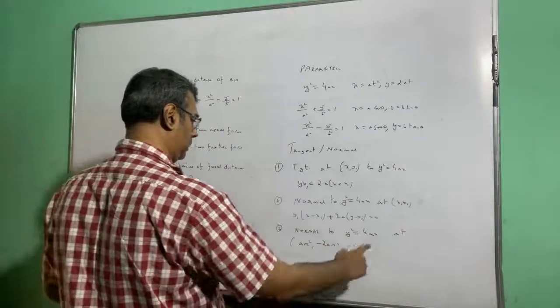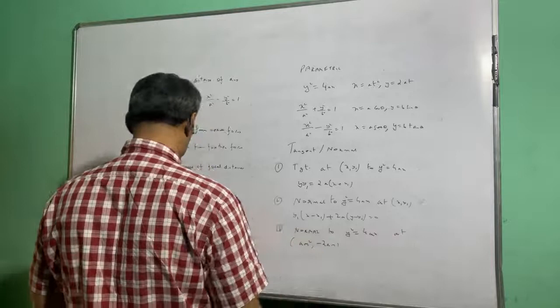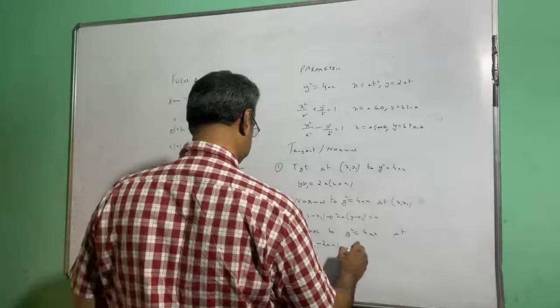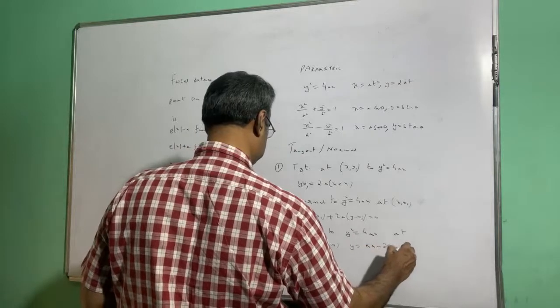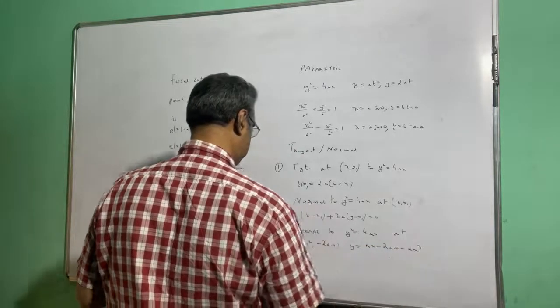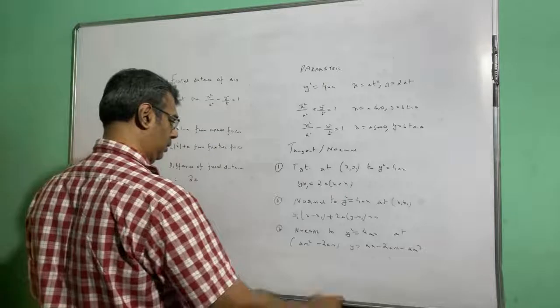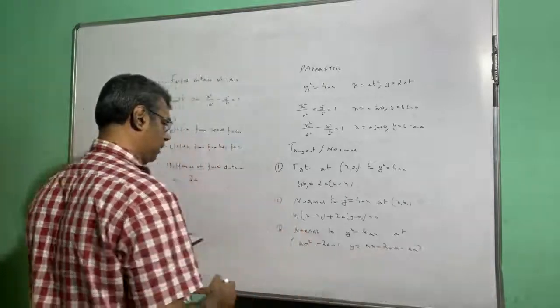Then normal to y square equal to 4ax at am square comma minus 2am: it will be y equal to mx minus 2am minus am cube.